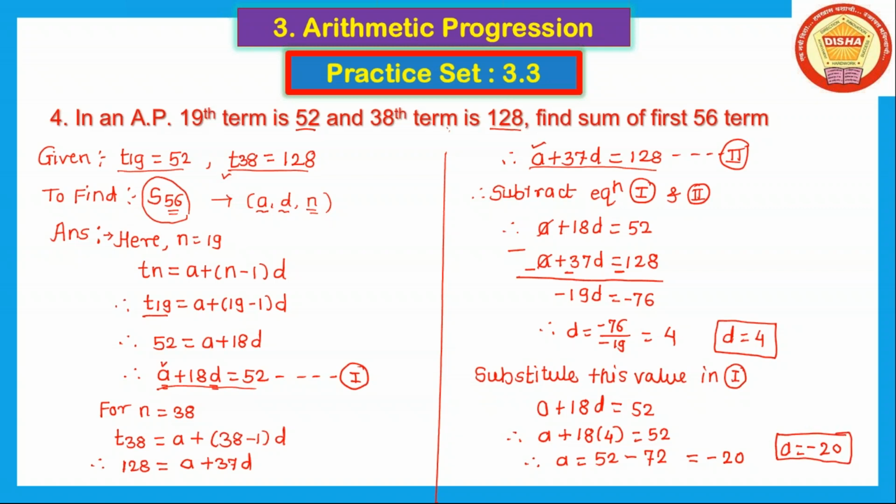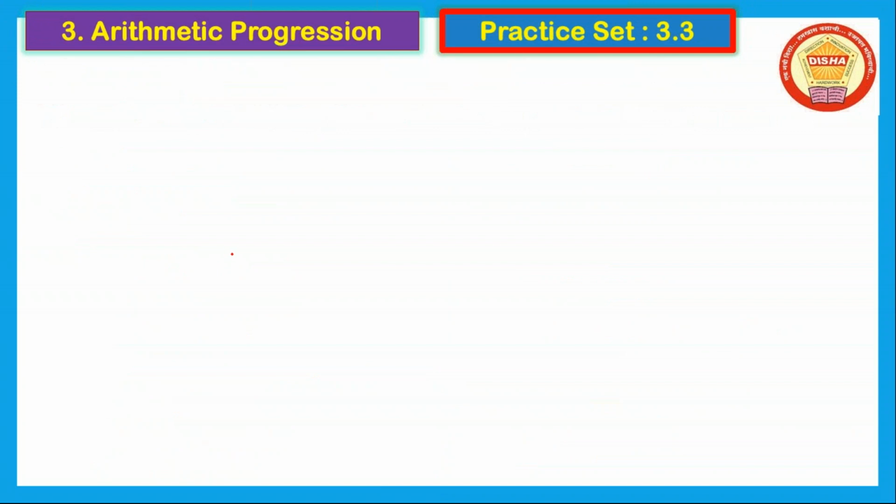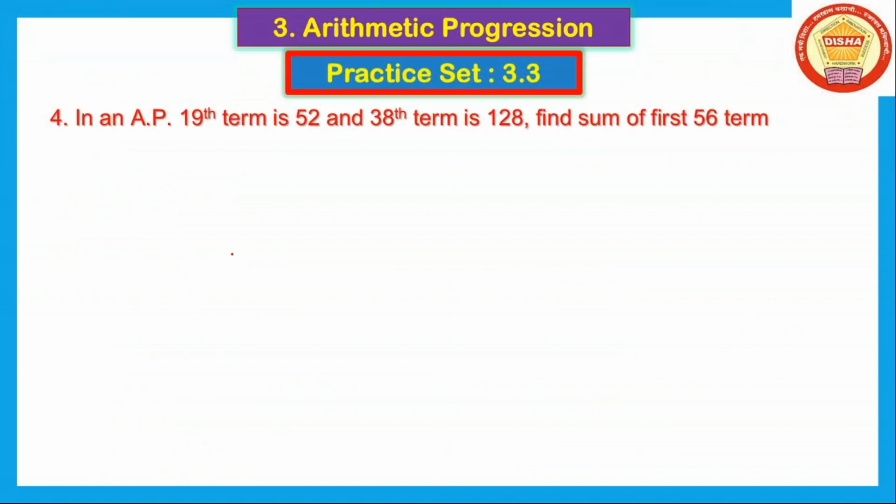What is the question here? That is, find the sum of 56 terms. So we use the formula to find this as 56. We take this on the next slide. See, what do we find here?